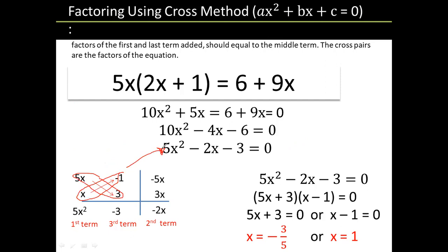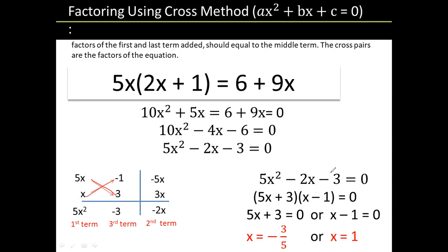Okay, so remember cross pair. If you do not cross pair, you will get wrong and you will never get the correct equation. So that is why you should pair up 5x plus 3 and x minus 1.